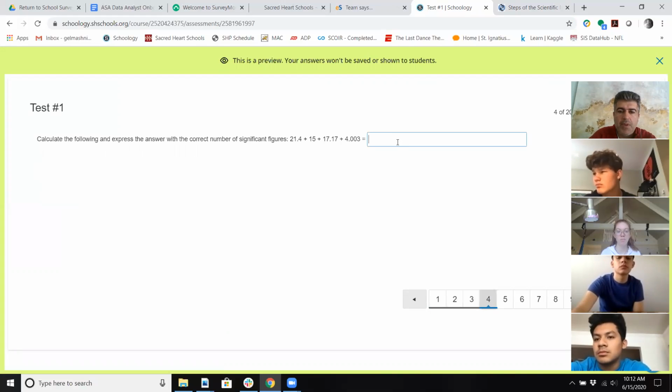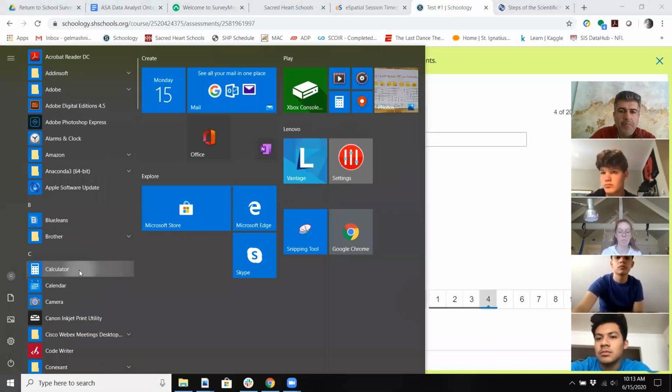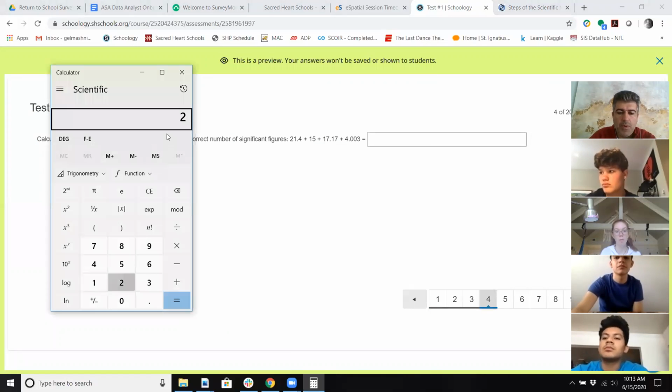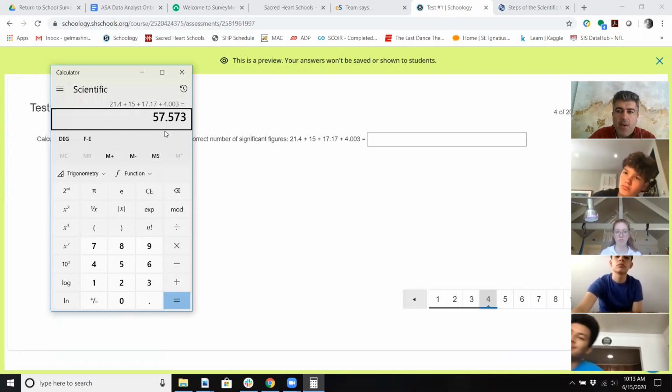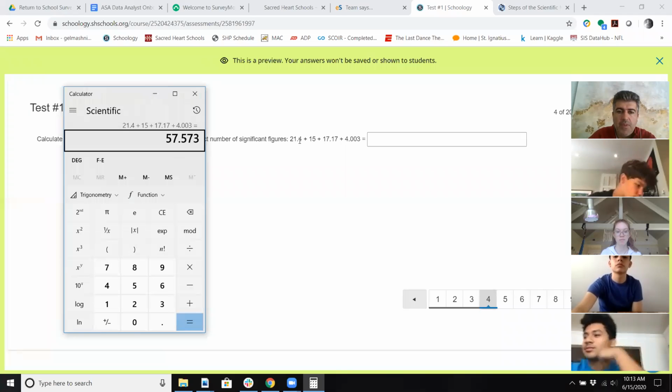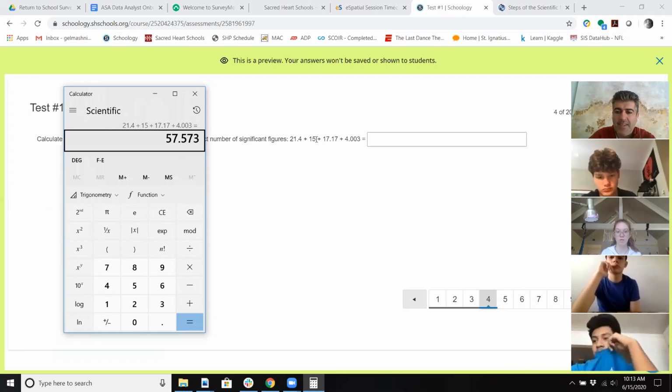This one here, what you can do is pull up a calculator. So we've got 21.4 plus 15 plus 17.17 plus 4.003. You should get 57.573. Now, because I asked for the correct sig figs, if you look at all 4 numbers you added up, you have to go with the one that has the least number of sig figs.